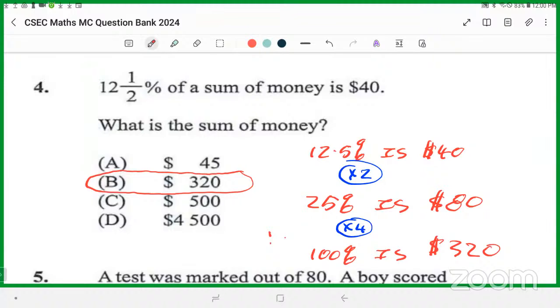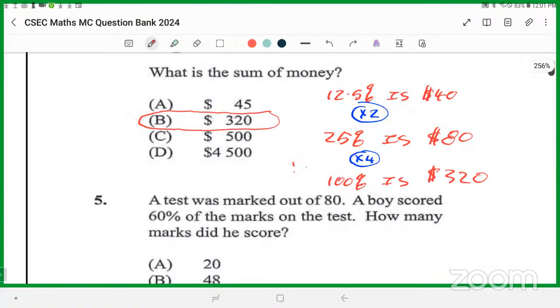We count up to 25% first. If 12.5 is 40, then 25% is 80. And then from 25% to reach 100, multiply by 4. 100% is 320. So the whole is 100%. So the whole number is 320. But understand that? All right. So if we get other values, you can use this kind of approach.